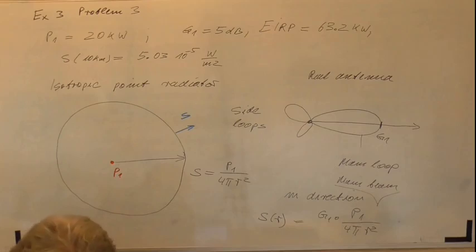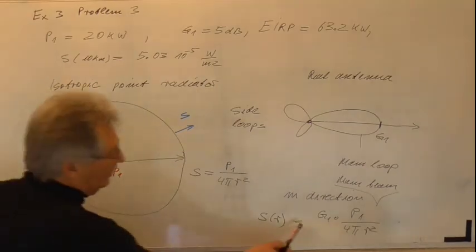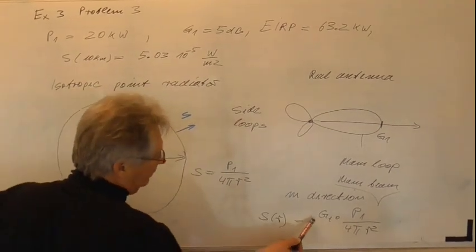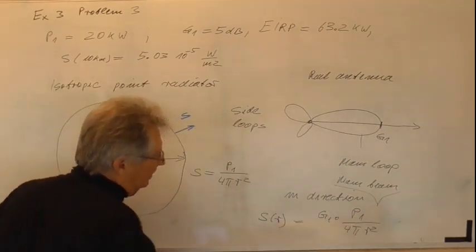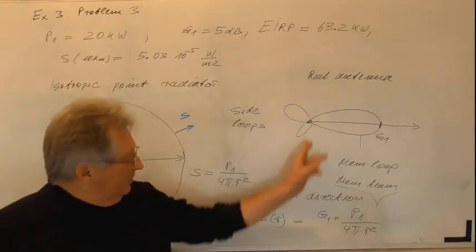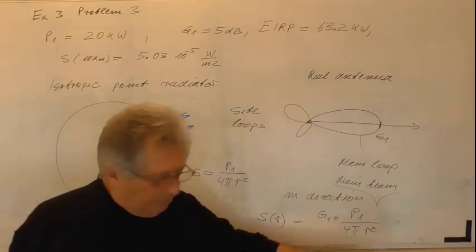So the S of the real antenna is like the gain times the S of the isotropic, correct? Yeah, though this is very important to understand: in the direction of the main beam, it seems that with the help of this antenna more isotropic power is radiated.